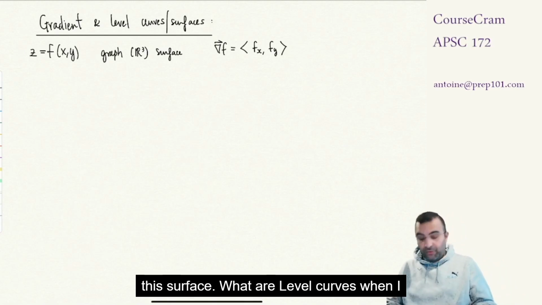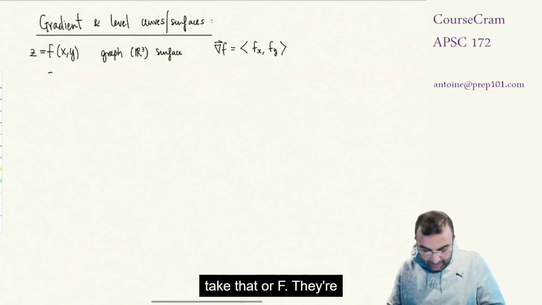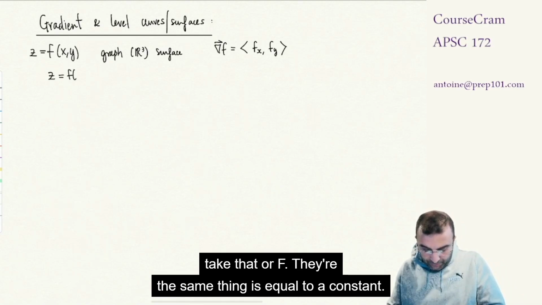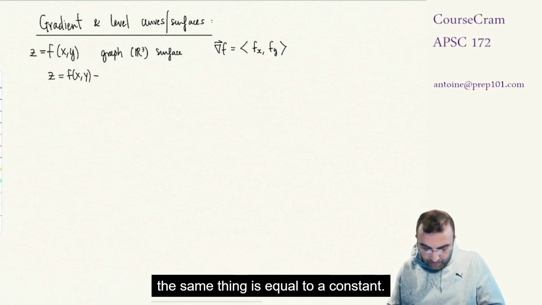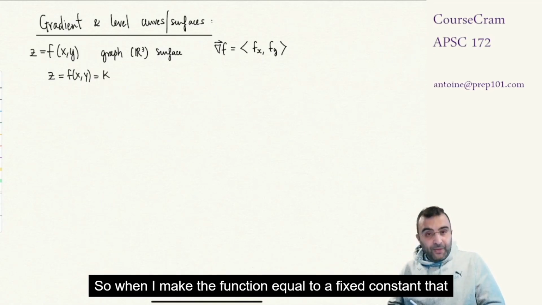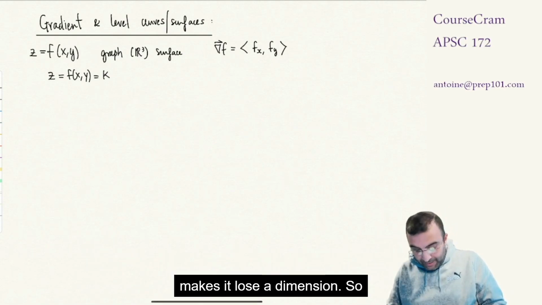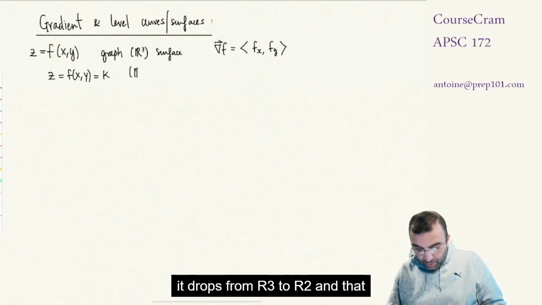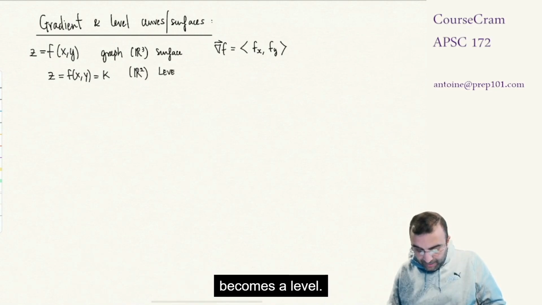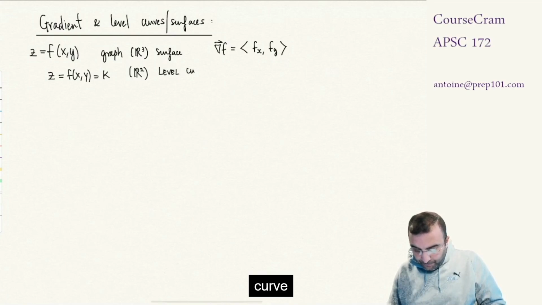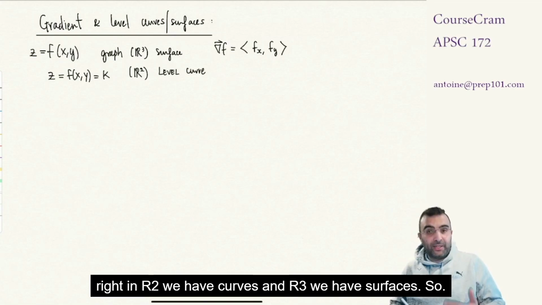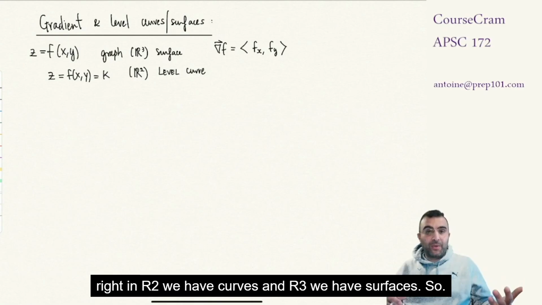What are level curves? When I take z or f, they're the same thing, equal to a constant. So when I make the function equal to a fixed constant, that makes it lose a dimension. It drops from R3 to R2, and that becomes a level curve. In R2 we have curves, in R3 we have surfaces.